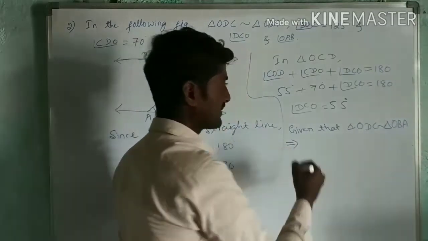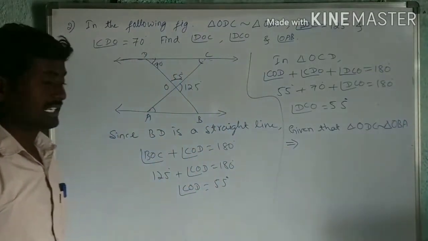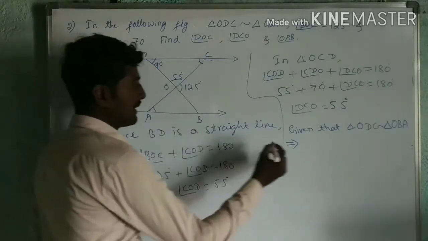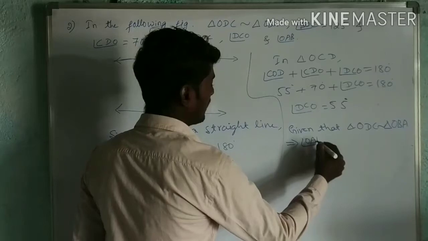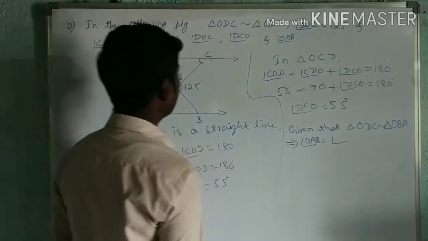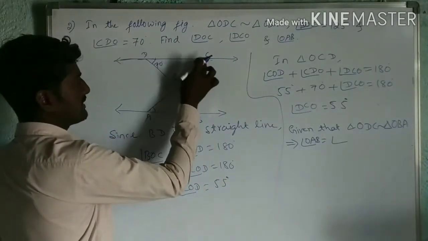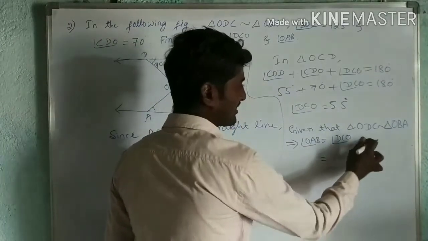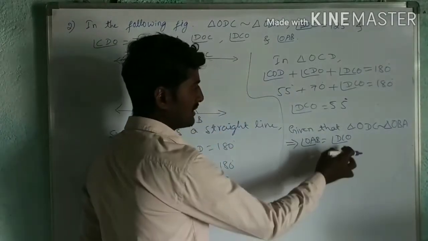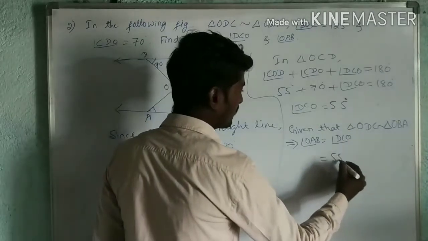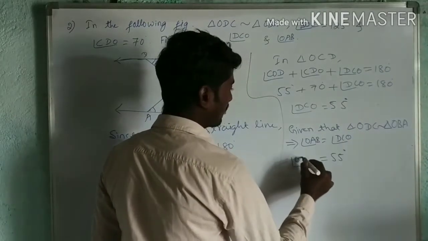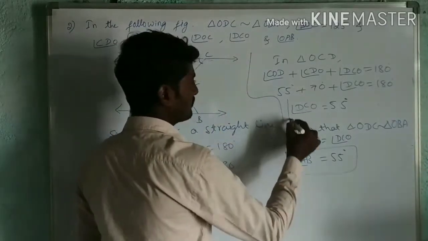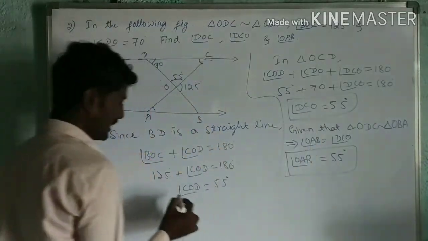This implies corresponding angles must be equal. This implies angle OAB is equal to this angle, that is DCO. Because corresponding angles are equal. DCO I already got, it is 55 degrees. So therefore OAB is also 55 degrees. Okay.